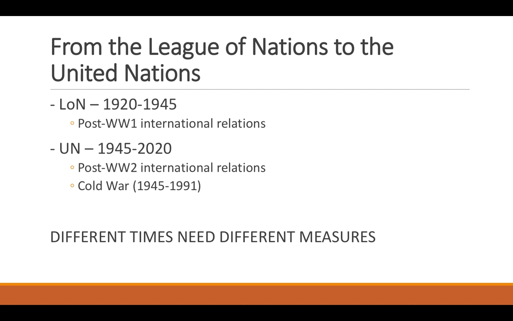So as we know, the League of Nations was established after the First World War, and it set up the international relations of the interwar period between the First World War and Second World War. The League of Nations had many positive works that have been done to make the world better.